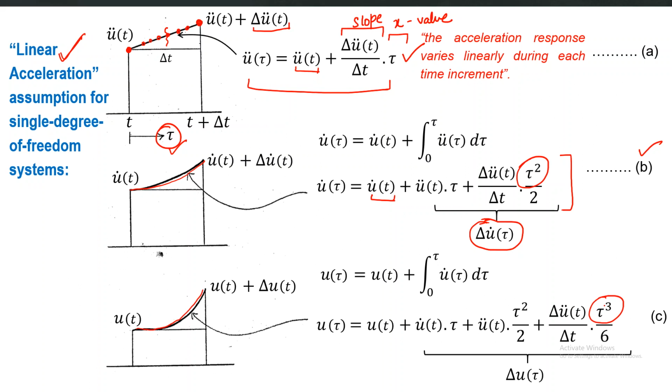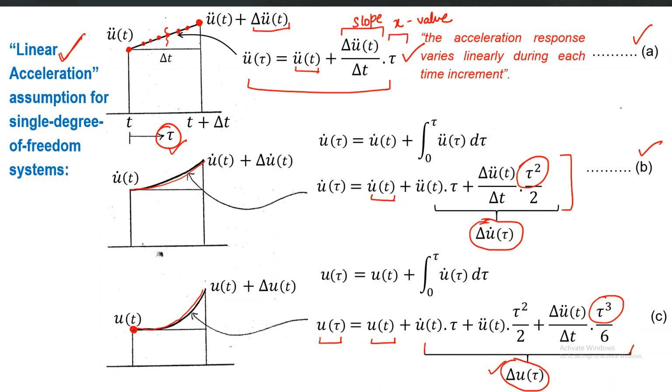So u of tau will be equal to u of t, which is the original starting displacement for that time instant, and then whatever is the other expansion of the integral, we call it delta u of tau. So this is the increment in displacement.